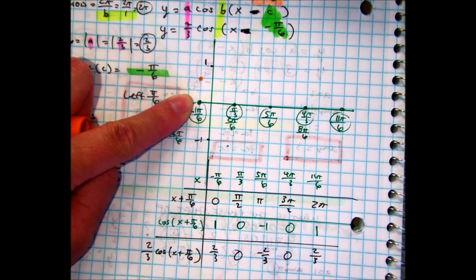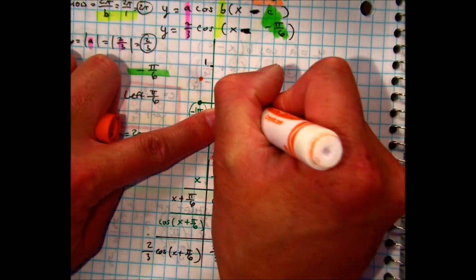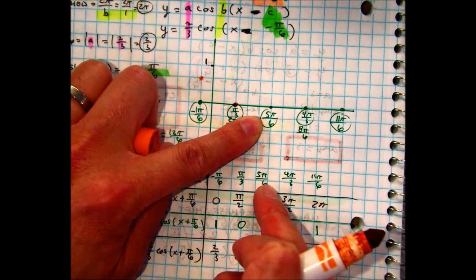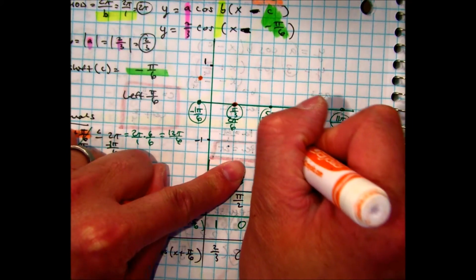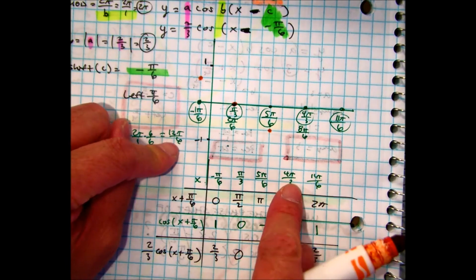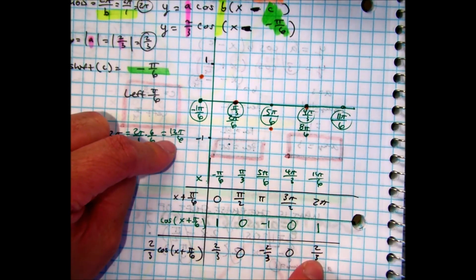At pi over 3, I have 0. At 5 pi over 6, I have negative 2/3. At 4 pi over 3, I have 0. At 11 pi over 6, 2/3.